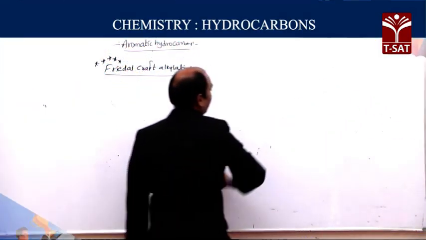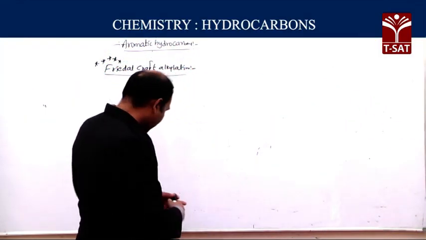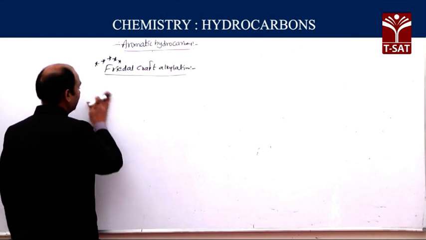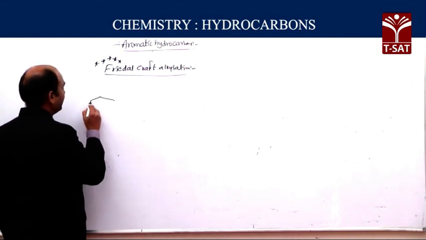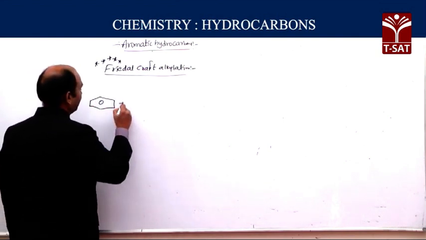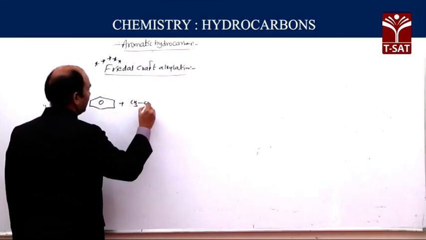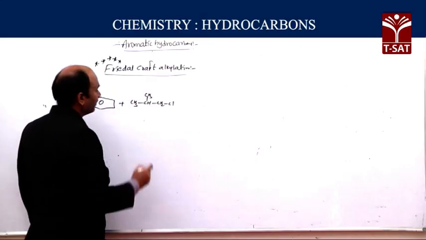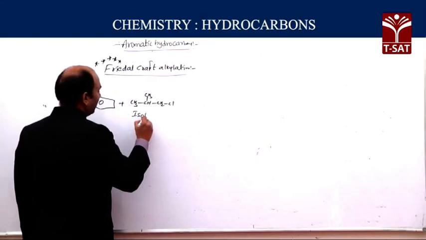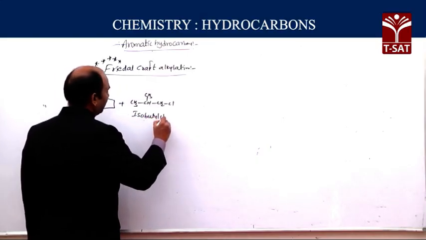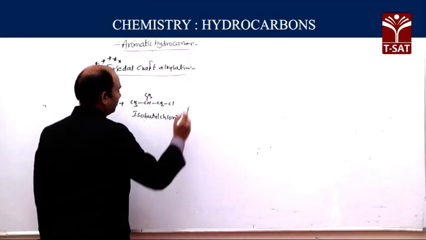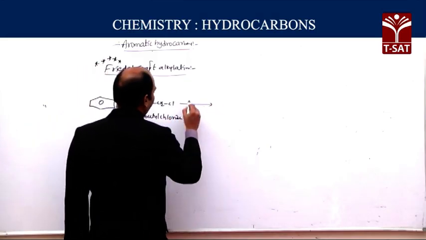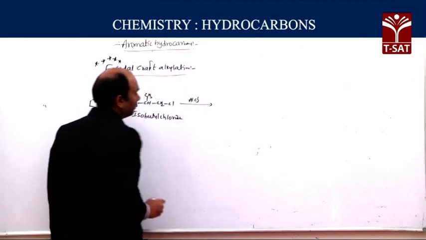Now suppose benzene plus (CH3)2CHCH2Cl. The name of this compound is isobutyl chloride, in the presence of AlCl3.